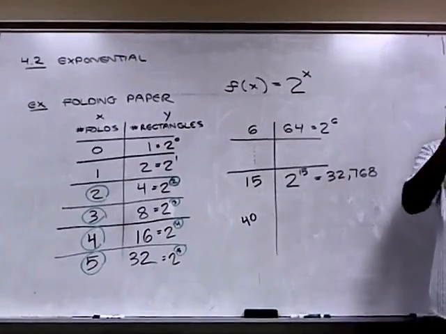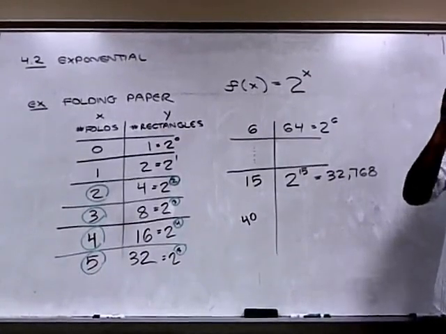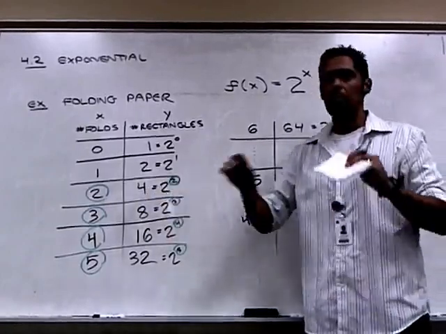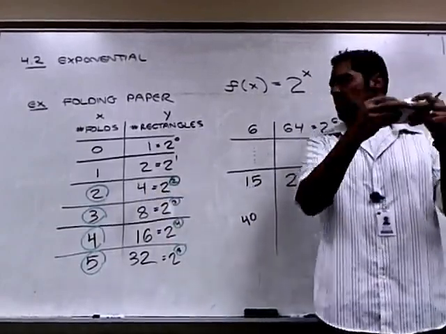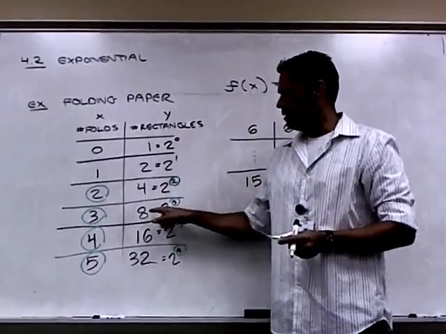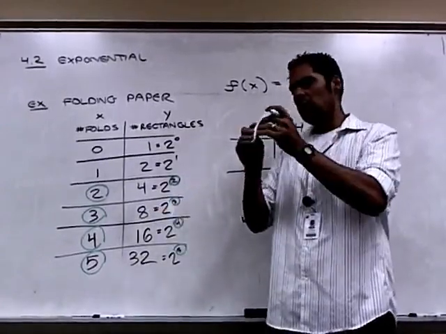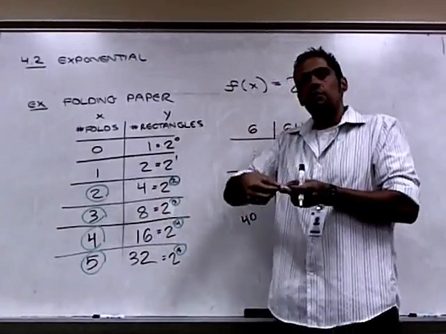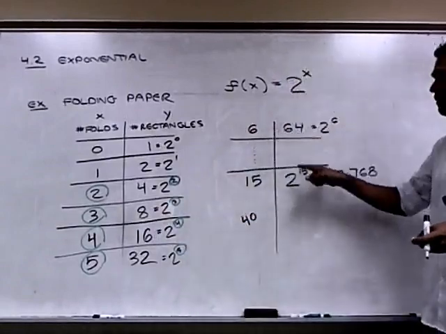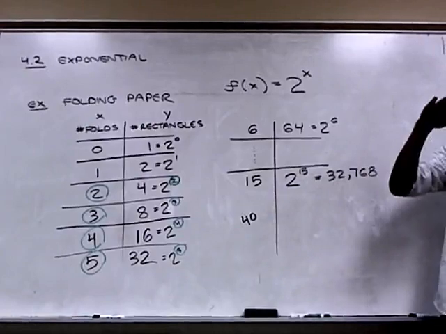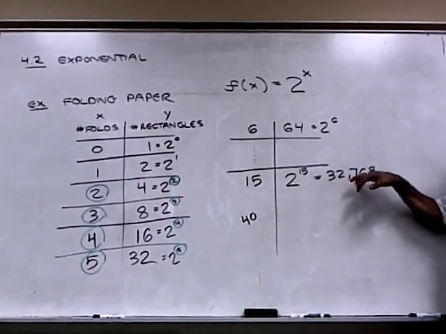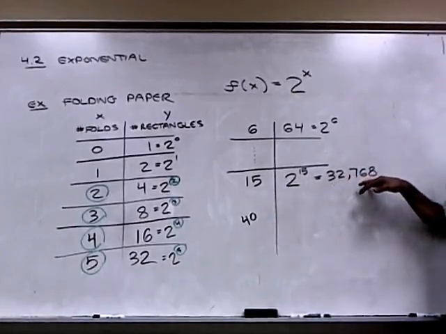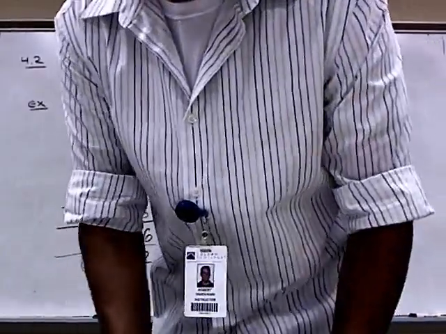If I fold it twice, how many pages thick is it? 4 pages thick. If I fold it 3 times, how many pages thick is it? 8. If I fold it 4 times, it's 16 pages thick. 5 times, it's 32 pages thick. If I can fold it 15 times, how thick is it? 32,768 pages.